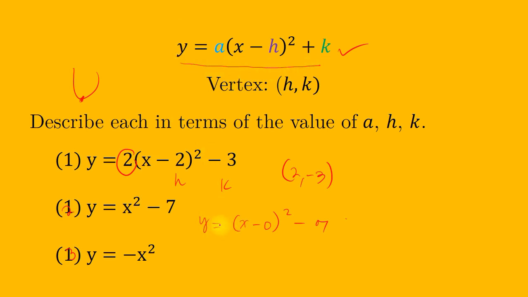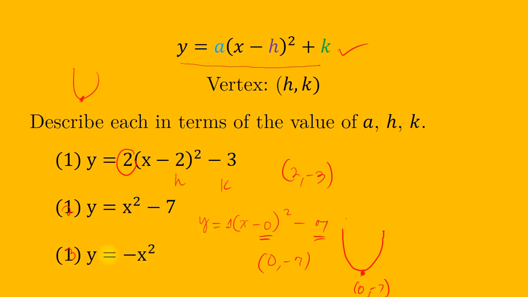Here a is 1, so it still opens upward, and the vertex is at (0, -7). Imagine the parabola opening upward with its vertex at (0, -7), below the x-axis, then going up.